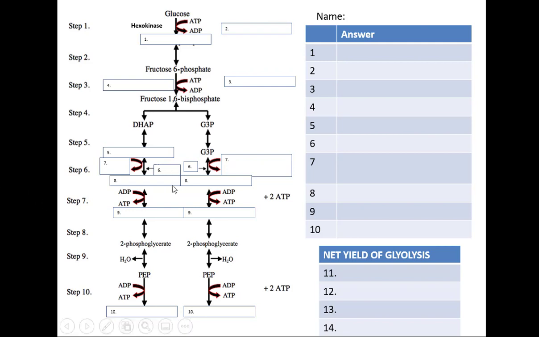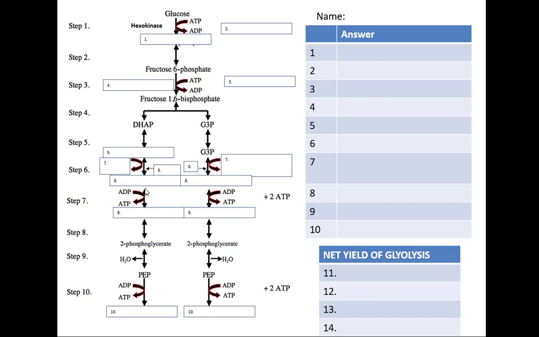So how about number 8? What is number 8? Did you remember? Actually, you can use this one, phosphoglycerate. But how many carbons? If we forgot this molecule name, it is the same molecule, however it has 2 phosphate groups, so 1,3-bisphosphoglycerate. Does it make sense?